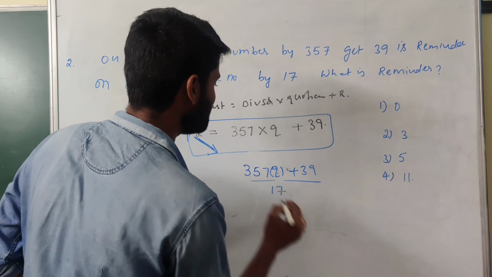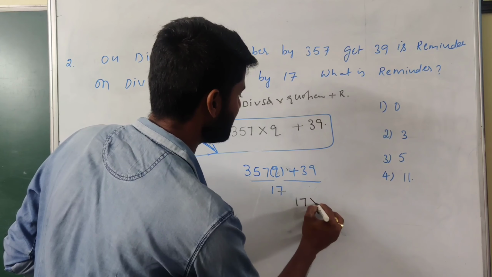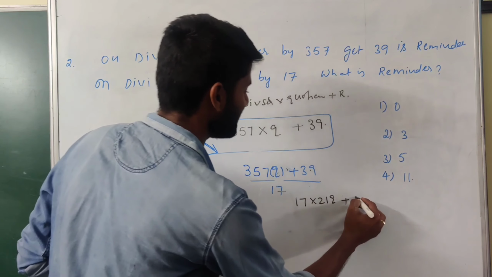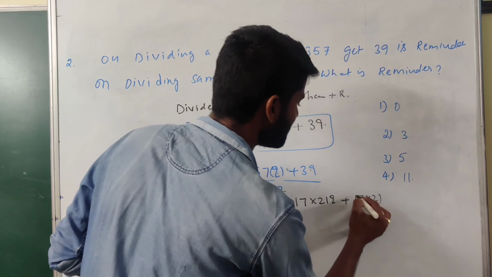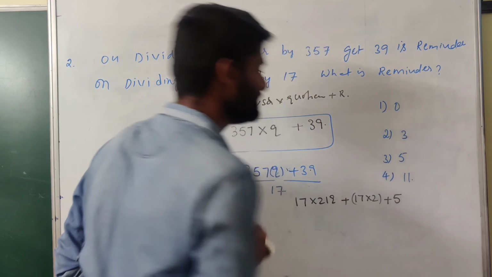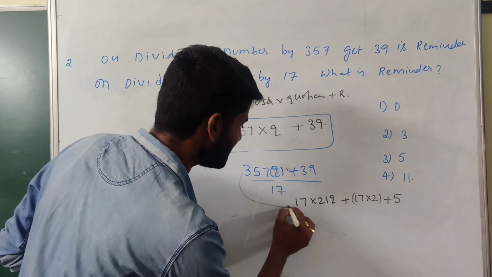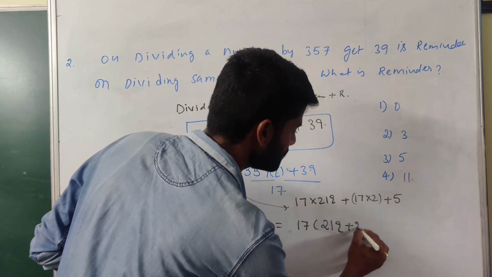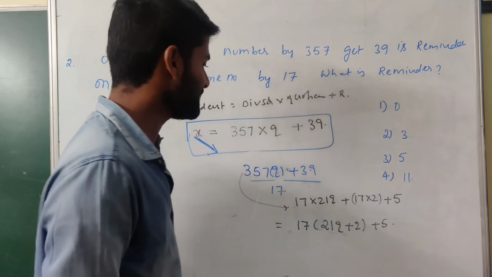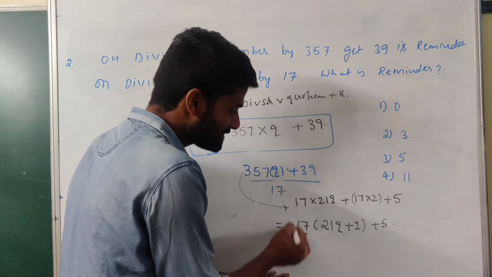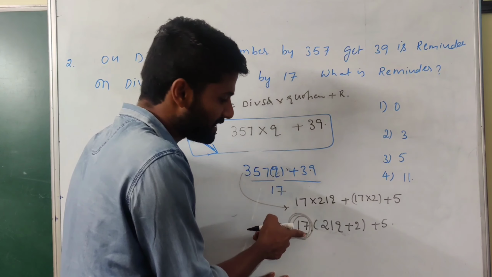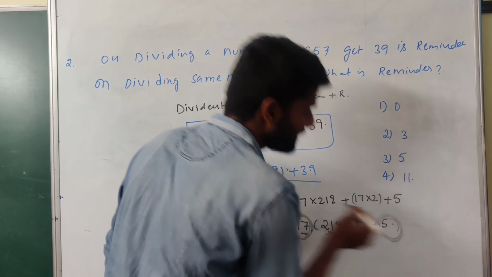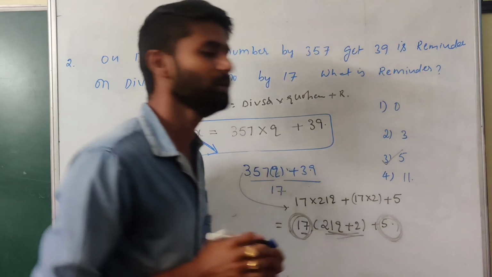Then 357 can be written as 17 into 21q, and 39 can be written as 17 into 2, since 17 twos are 34, leaving a remainder of 5. So I can write the entire expression as 17 into (21q plus 2) plus 5. This particular number is divisible by 17, and we are left with a remainder. What is the remainder left here? 5. So the answer is 5 only.